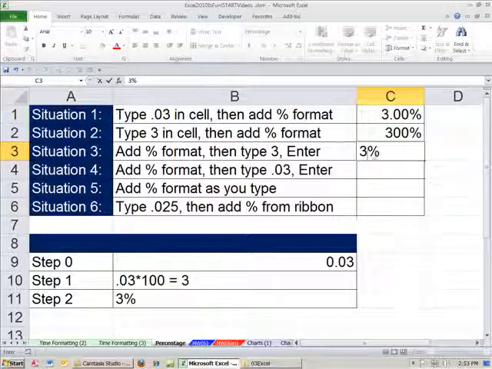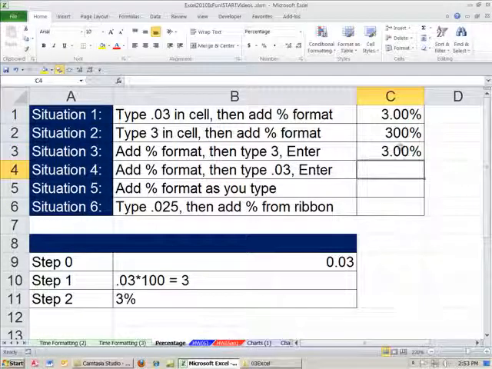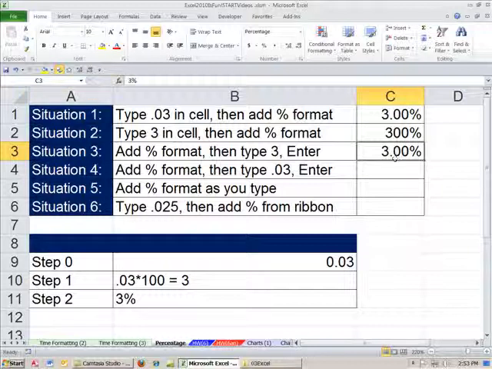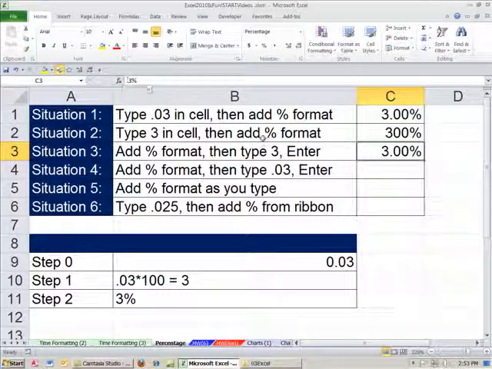So it's telling us this is pre-formatted. This is going to get entered as 3%. Enter. Now, you can prove to yourself that we typed the number 3 in. But because it was pre-formatted, what do you think's in the cell underneath the number formatting? I'm going to press Control-Shift-Tilde, which is a keyboard shortcut for General. That's what got put in the cell. That number is used in all calculations. Control-Z.